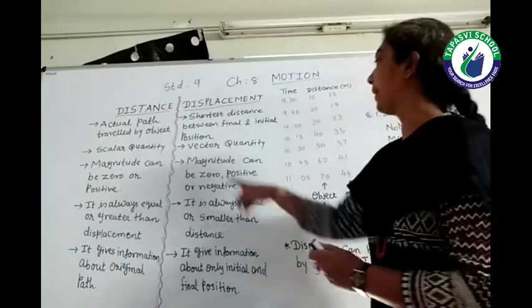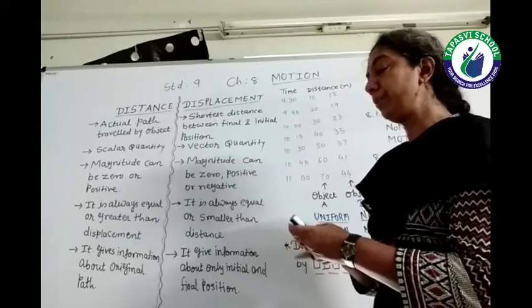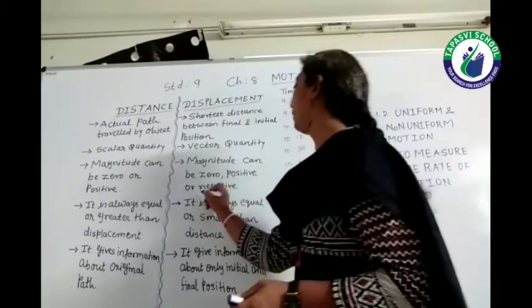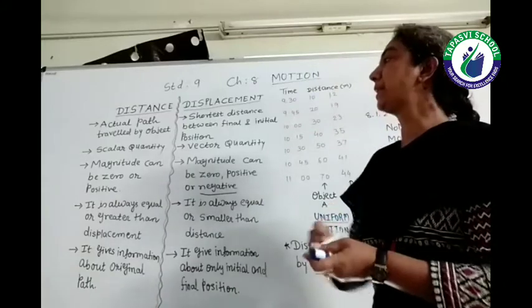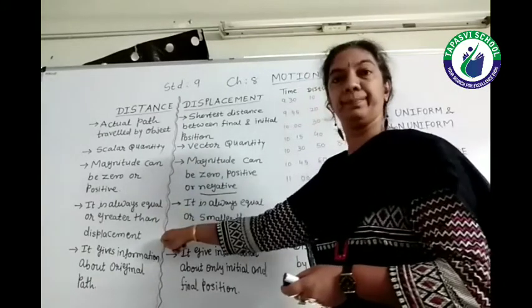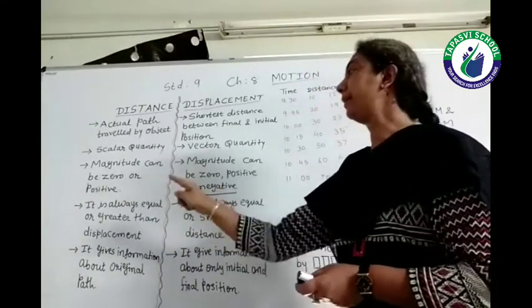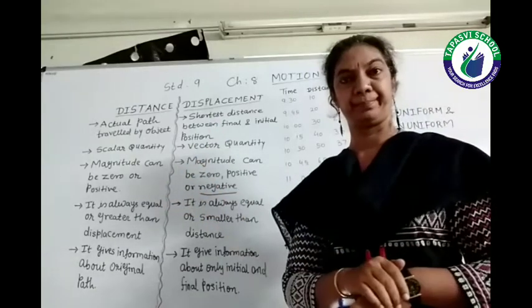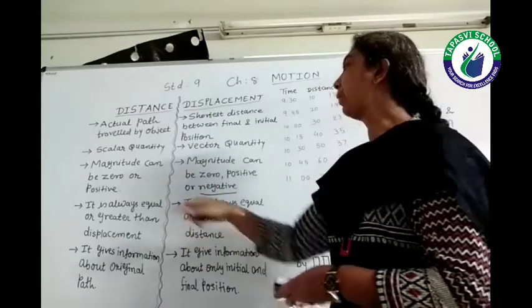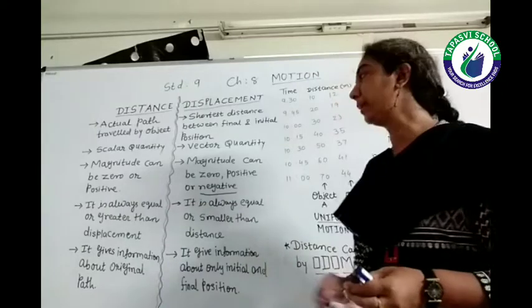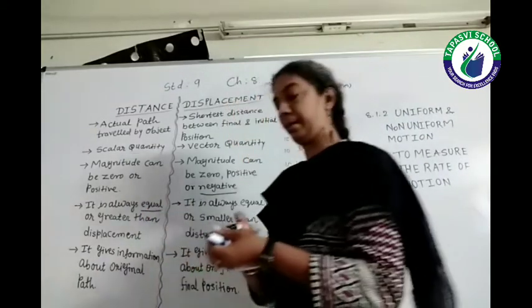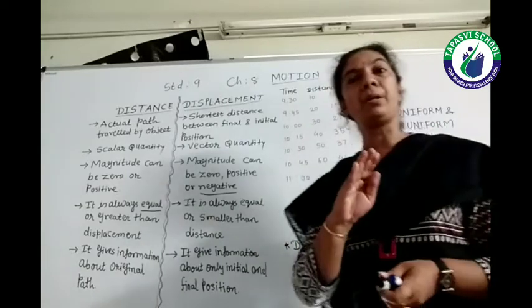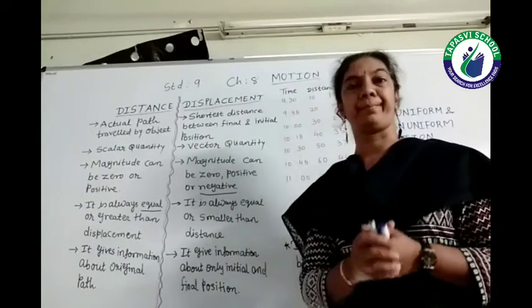So displacement can be negative, that is the important difference. Then distance is always equal or greater than the displacement. When will it be equal? When we have straight line motion where we are not turning anywhere.